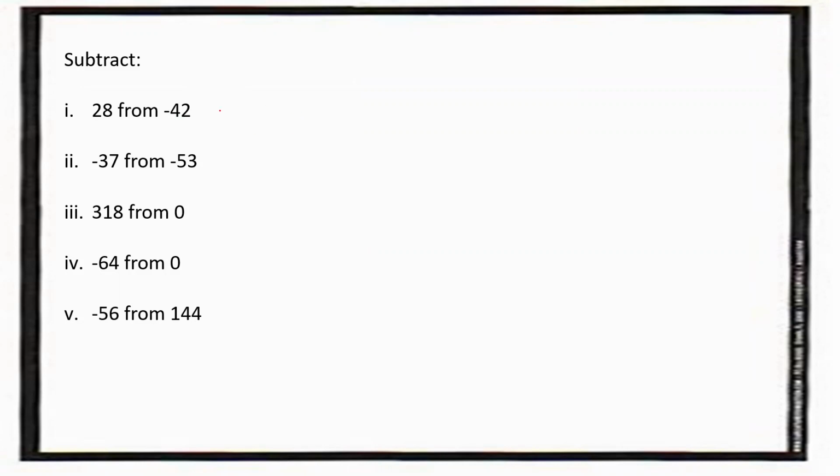If you simply add 42 plus 28, 40 plus 20 is 60, and 42 plus 28 is nothing but 70. So this is 70, and the sign comes of the greater number, that is 42, so the minus sign will come. So minus 42 minus 28 is minus 70.